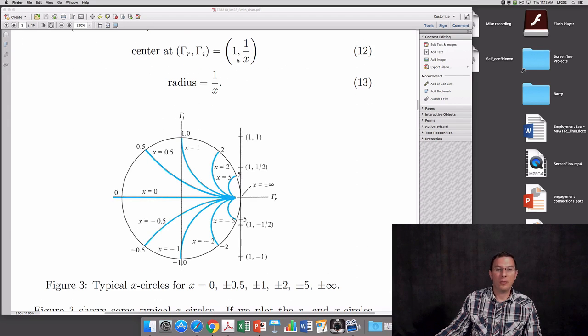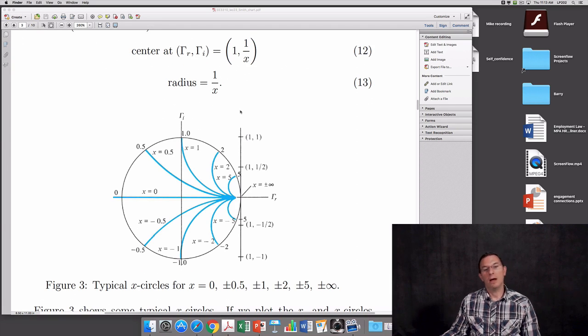So as the normalized reactance increases, the center of the circle will decrease. It'll get closer to the x-axis if you want to look at it from that perspective. So for instance, this is the x equals 0.5 circle, and its center is going to be way up here someplace, and its radius is bigger than the x equals 1 circle, which has a center maybe down here somewhere, and a smaller radius.